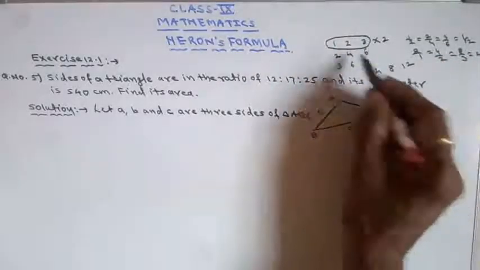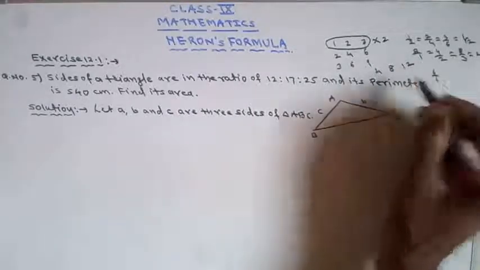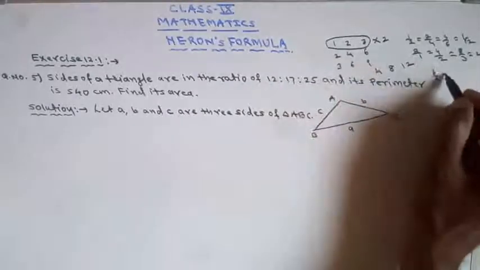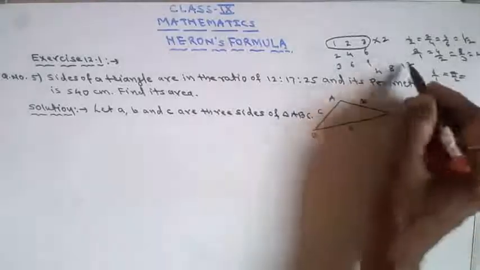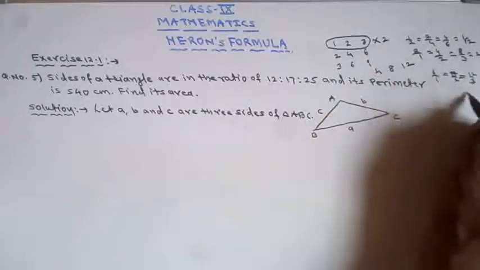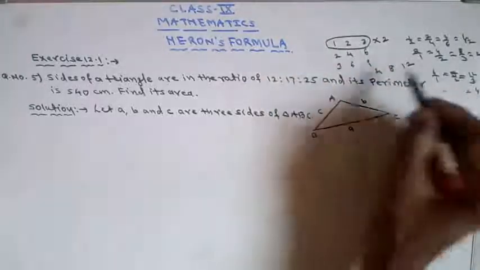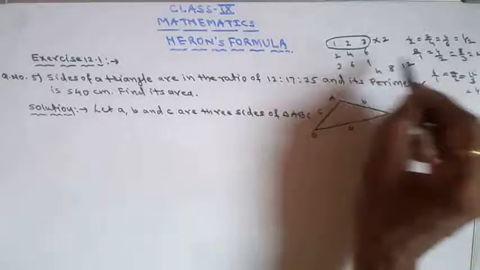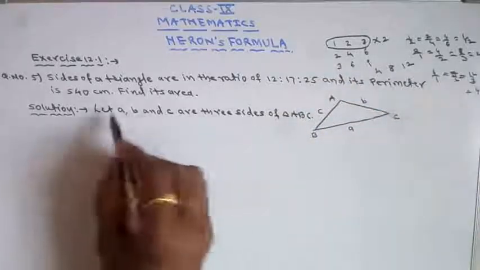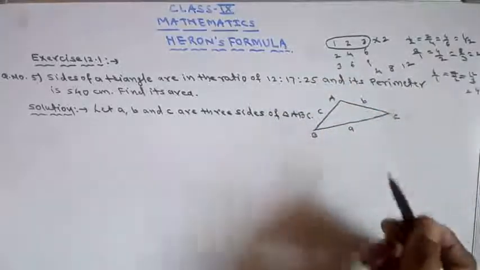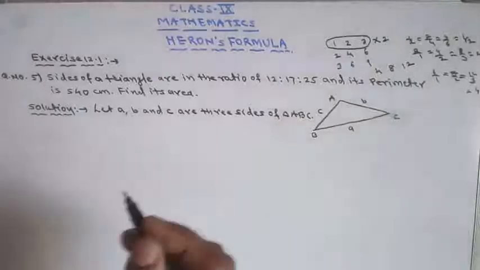Then 4 by 1, 8 by 2, 12 by 3. So I have multiplied these three numbers by 4. So therefore 4, 8, 12 are proportional. So suppose I am multiplying these three numbers by k, and therefore the ratio is constant.